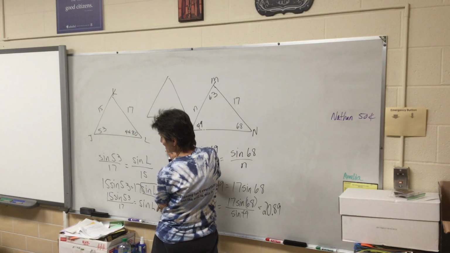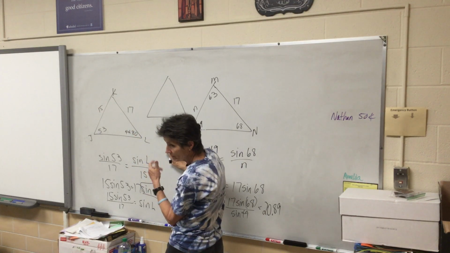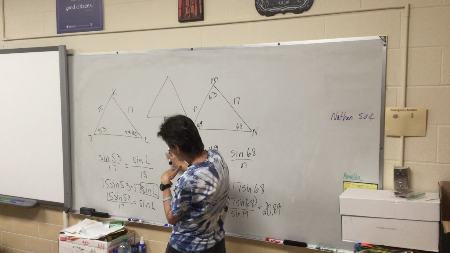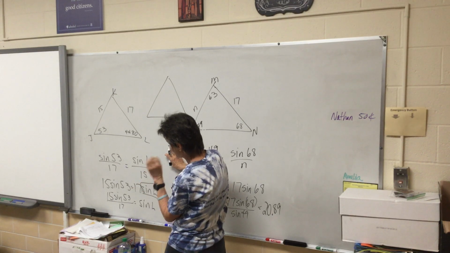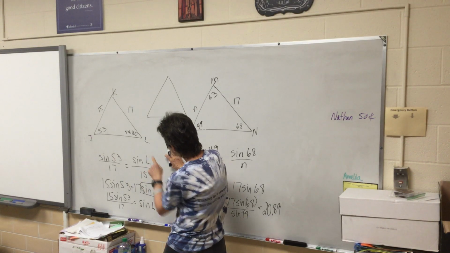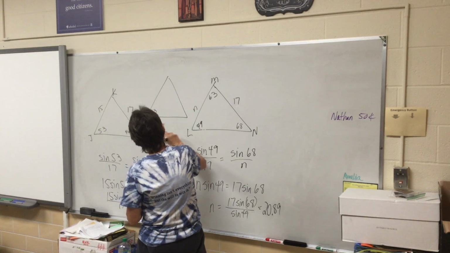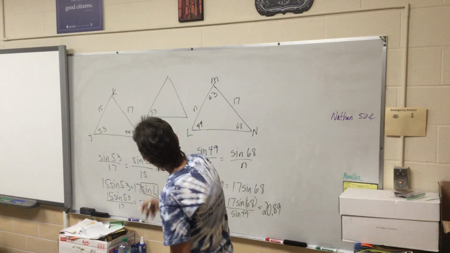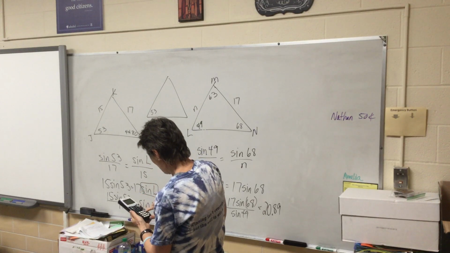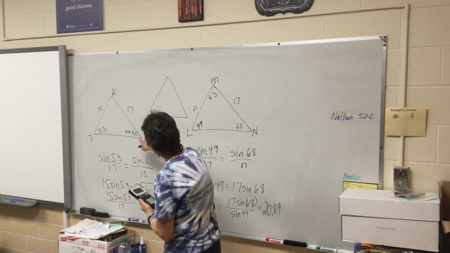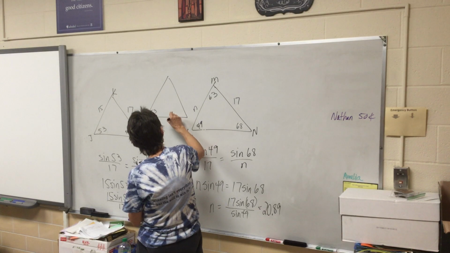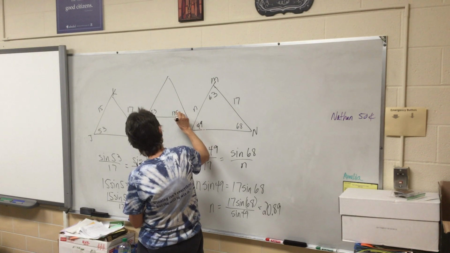Remember, these are the ones that sometimes when you type them in, you get an error. And when you get an error, that means there's no triangles, 0 triangles. We know we've got at least one. If there's another one, that other angle L would have to be 180 minus this, so 135.20.